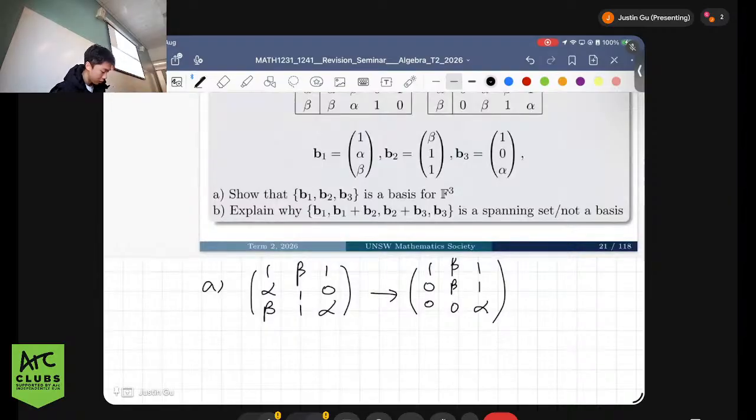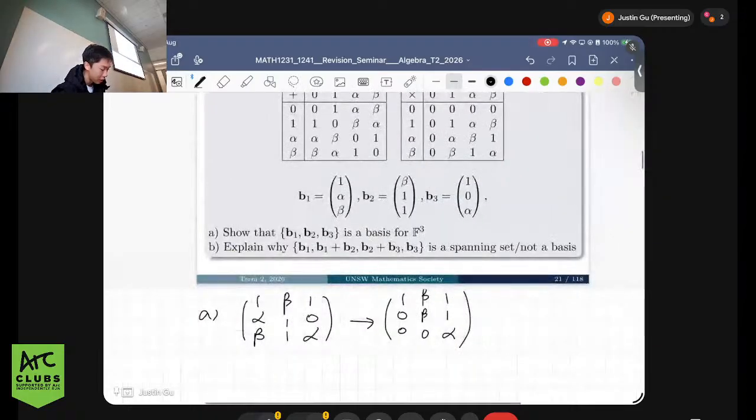If you take a look, all three of them are leading columns, and so it tells us that the three columns are linearly independent. And this field is F cubed, which means that there are three linearly independent vectors by definition.